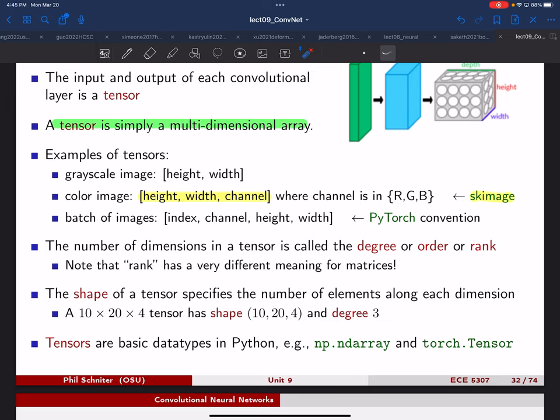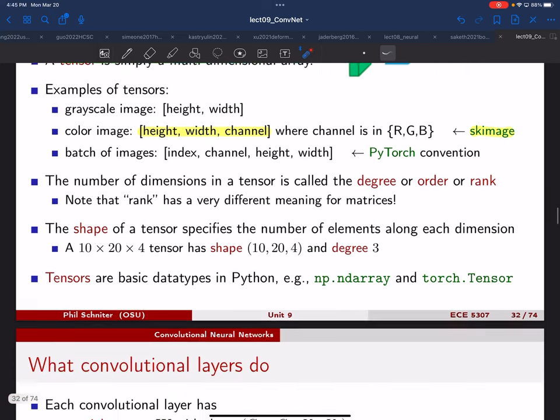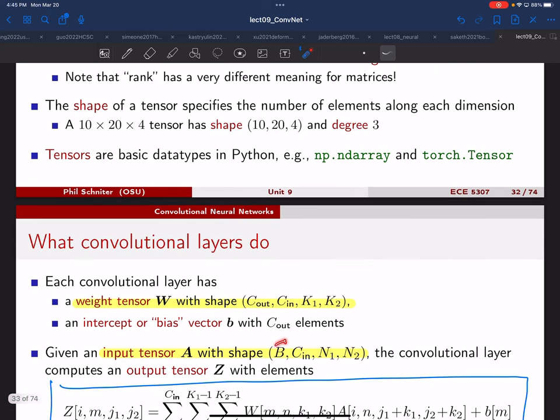You have to do some juggling to get the formats to work with each other. You're going to have to take what's in this location and move it to the front, which you can do in NumPy with the transpose command. And then you're also going to have to add this index.